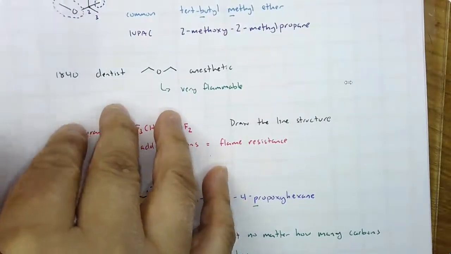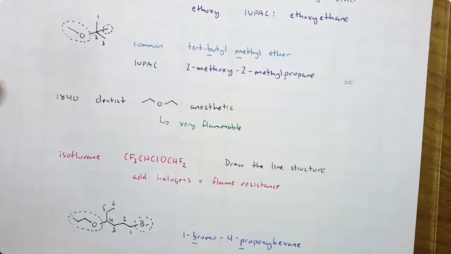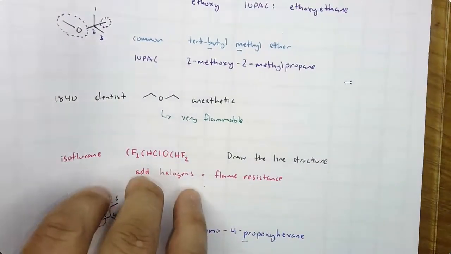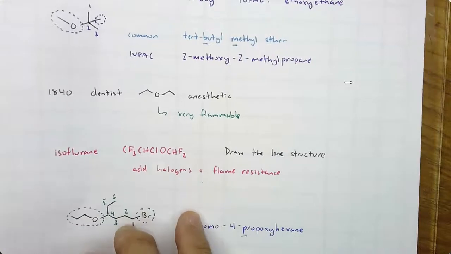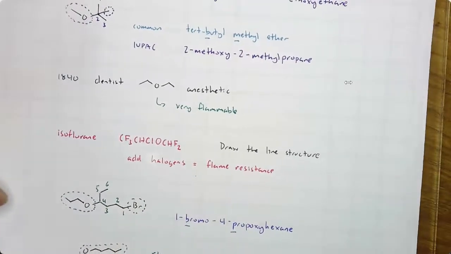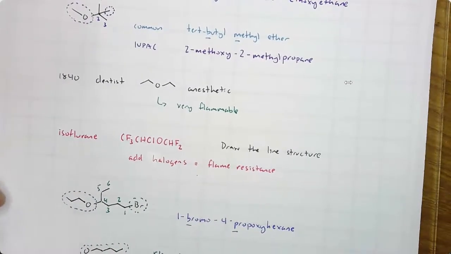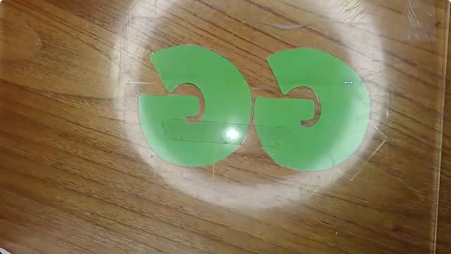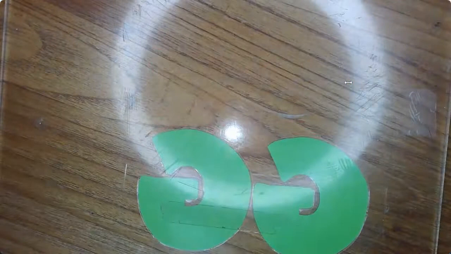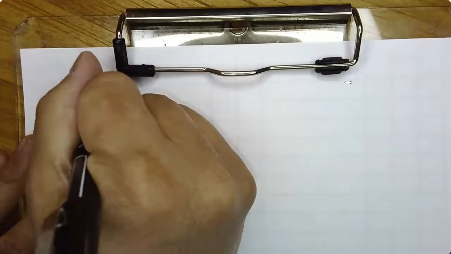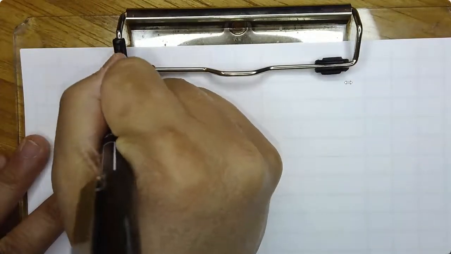Okay, let me go over a couple of important properties. We already saw one, it's an anesthetic, but it's also flammable. Ethers are polar aprotic solvents, right? Let me give us another ether, one that is often used in the lab.